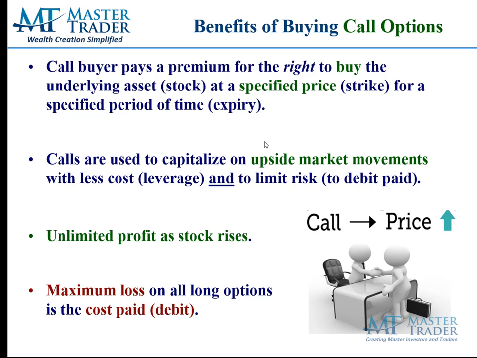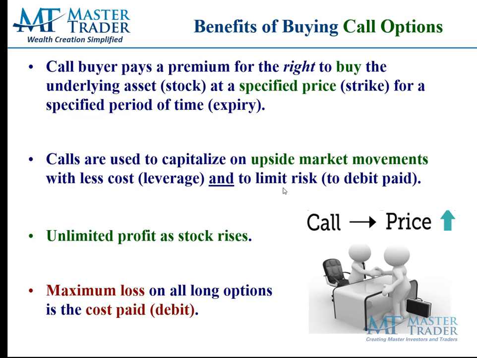I've just taught you call options in the stock market. So you might have thought it was really, really complicated, but hopefully with that analogy, you now know what buying a call option does for you. In the stock market, we buy them when we are predicting upside movements in the stock with less costs and to limit risk to the debit we paid.